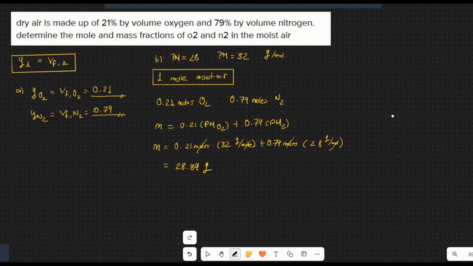So we simply determine that the mass fraction of oxygen is equivalent to its mass within the mixture, which is the amount of moles within the mixture times its molecular weight. This is moles, and this is going to be grams per mole.